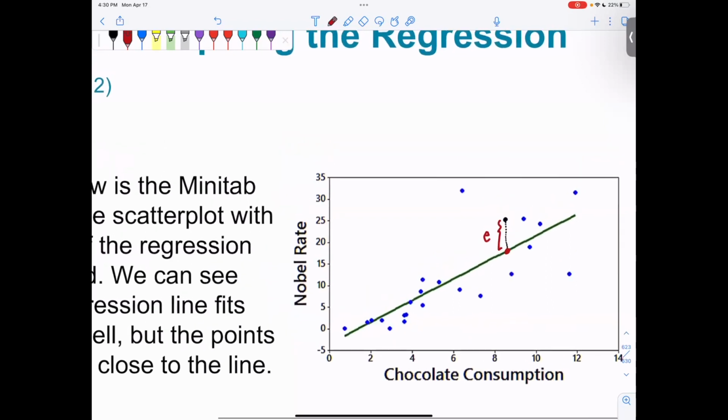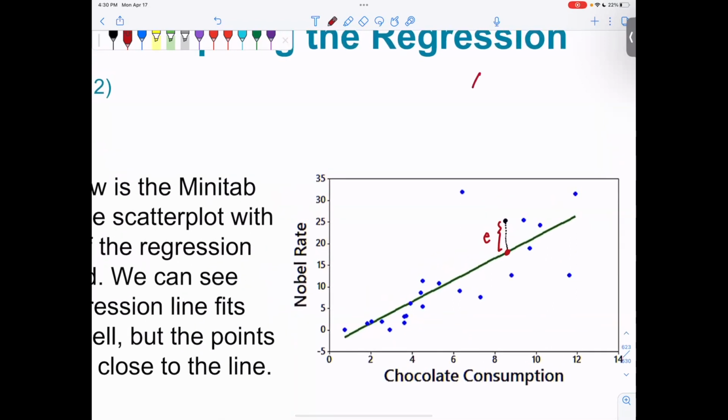summation ever. The problem is what? When we take the summation of y minus y hat, it will equal 0. Right? Because the summation of error basically equals 0, because the error has a normal distribution.